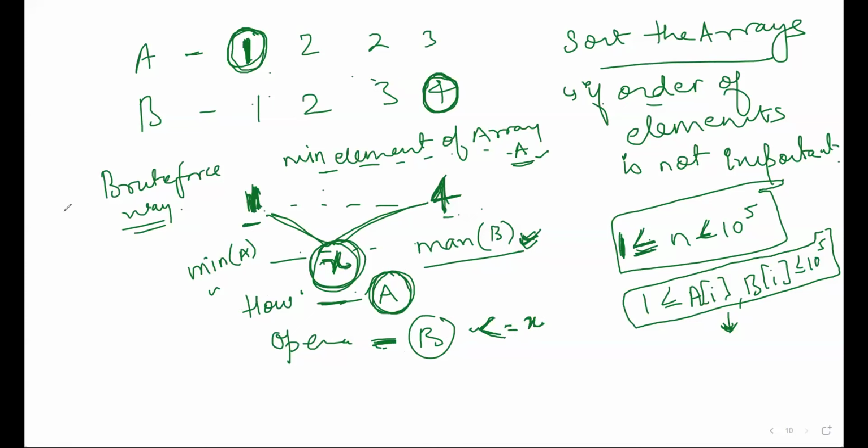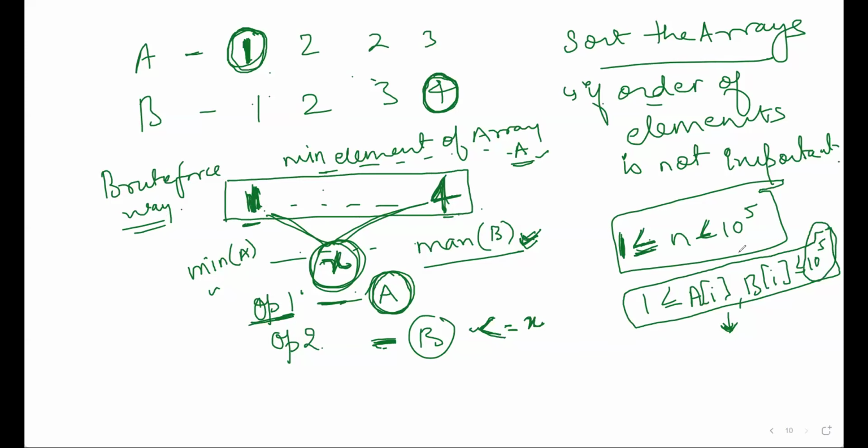Sum of that will give you the total number of operations. So I'm writing OP1 as the number of operations you are performing on array 1, and OP2 as the number of operations you are performing on array 2. Now if you try to do it using the brute force approach, in worst case x can go from 1 up to 10 to the power 5.